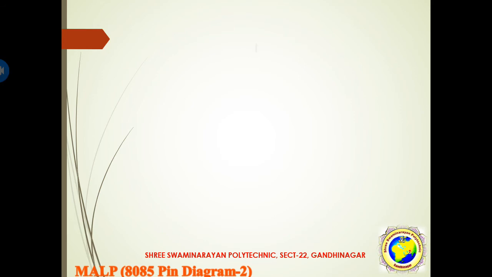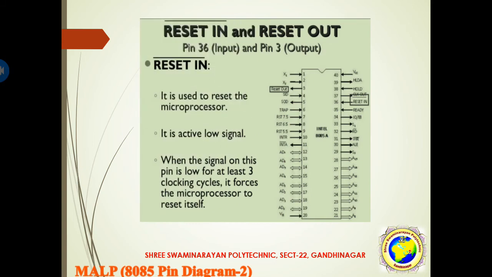Okay. Now our second is pin number 36 as reset in, and pin number 3 is reset out. It is used to reset the microprocessor. It is an active low signal. Reset the microprocessor, it means what?